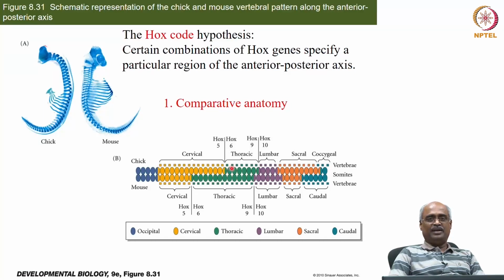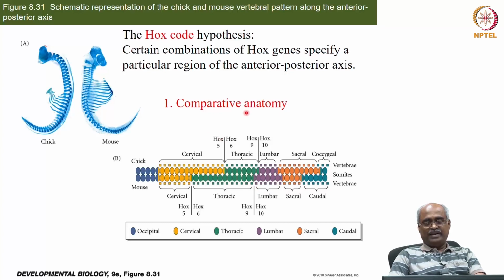In other words, if I remove Hox6, Hox5 will extend. So that's what happens when you delete a Hox gene: the anterior structures shift posteriorly, and this is exactly what we saw when we were discussing Antennapedia in Drosophila. So this is another important point we need to remember. The posterior most gene expressed in a given position in the anterior posterior axis determines what segmental identity that portion is going to get.